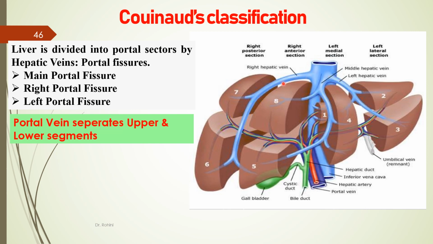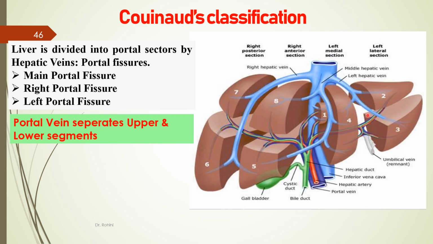Here we have some sectors or fissures, called portal fissures. The main portal fissure is occupied by the middle hepatic vein, which lies in Cantlie's line or the cholecystovena cava line, dividing the liver into right and left parts. Then we have the right portal fissure occupied by the right hepatic vein, dividing the right lobe into anterior and posterior segments.